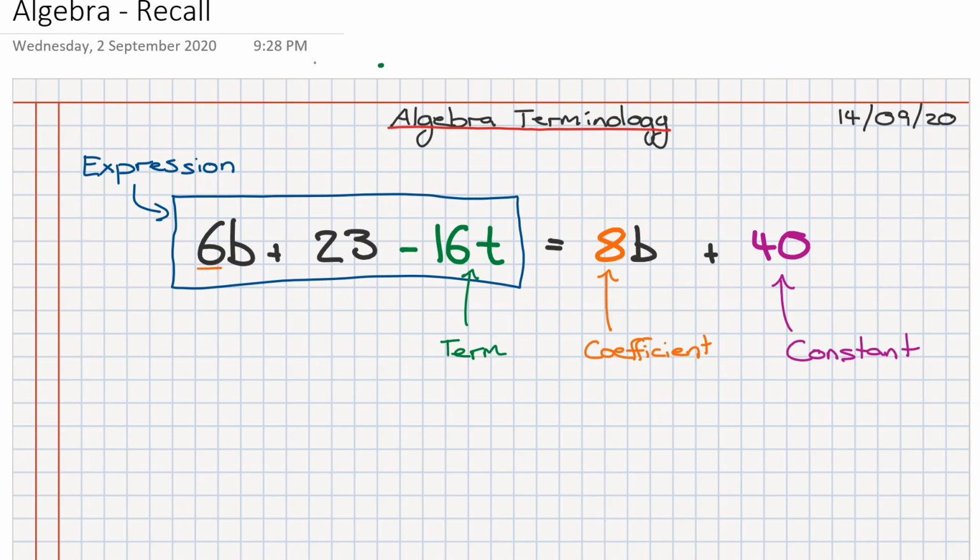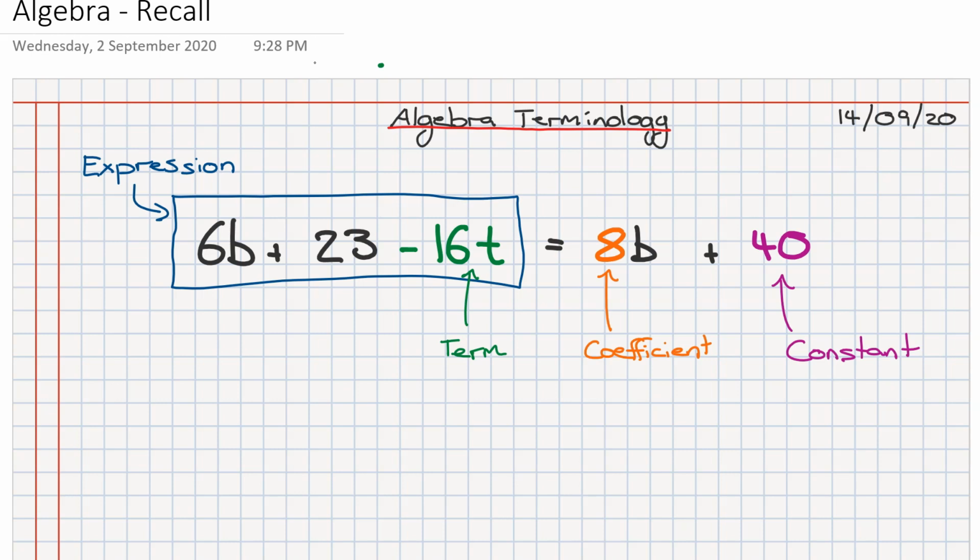So in this case here, the 6 with the 6b, that's your coefficient. The minus 16, the minus belongs to the 16, remember? Minus 16 is a coefficient. 23 is not a coefficient because that doesn't have a letter with it. So to reiterate, the number in front of the letter is called the coefficient.